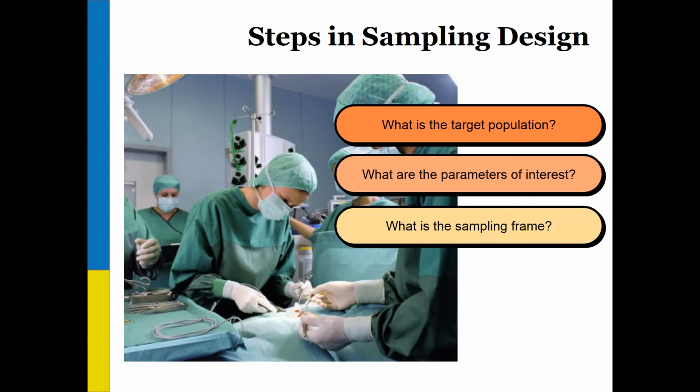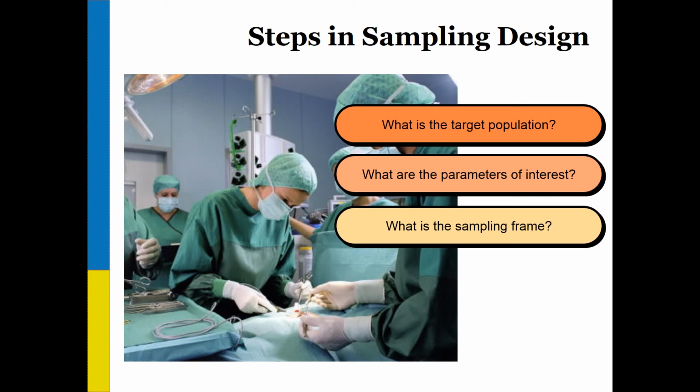Now, looking at the sampling frame, how do we go about getting a list of all Corollas that we can choose our sample from? This is often a problem when coming up with a sampling strategy, is how to get a good sampling frame or sample frame.